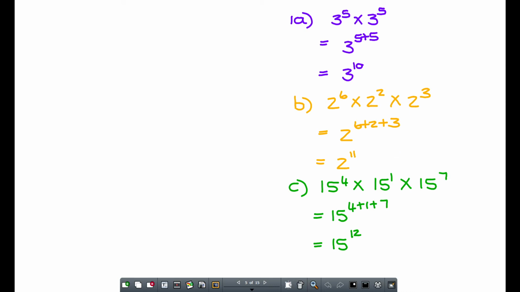Then same thing here. The bases here are all 15. So base will stay 15. All I'm going to do is I'm going to add my exponents. And that means that I get 15 to the power of 12. Remember, we had to keep it in exponential form, no? Okay, any questions so far?